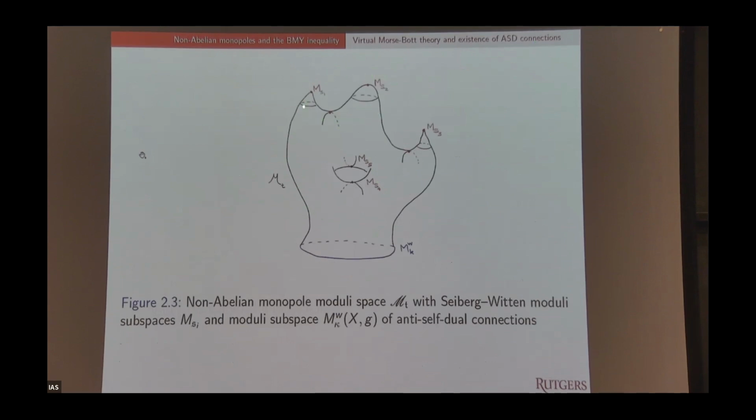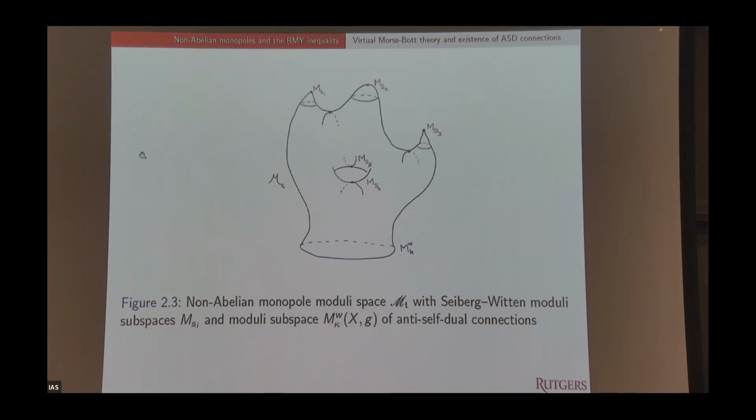And what will happen is that when you compactify, you have two ways of compactifying, using either the Gieseker compactification in the algebraic geometry world or the Uhlenbeck compactification in the gauge theory world. You will end up with a more complicated but still singular space, but it will be compact. Because this notion of virtual Morse index applies to essentially any singularity, you can compactify and then compute the virtual Morse indices of all the points in the compactification.